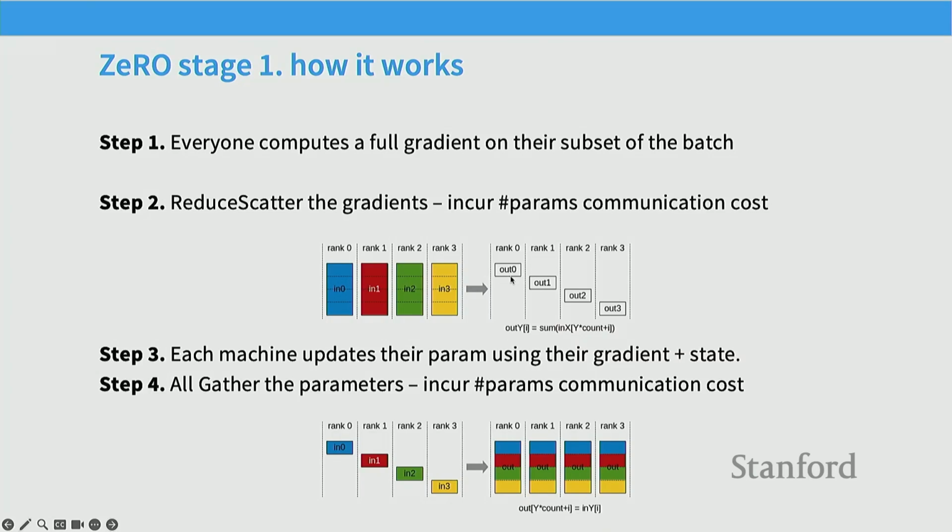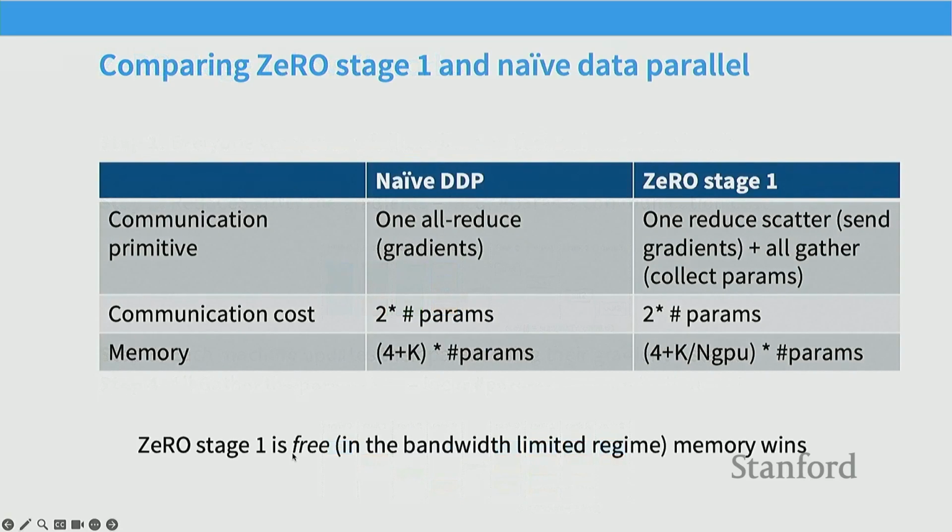Cool, okay. And kind of the key thing here is we're doing a reduce scatter and an all gather, right? And if you remember what I was saying before, a reduce scatter and an all gather has the same cost as an all reduce, right? And so there is a little bit of a surprising magic thing that happened here, which is that we were doing an all reduce before on all the gradients to make sure everyone's gradients were synchronized, and that cost us 2 times the number of parameters.